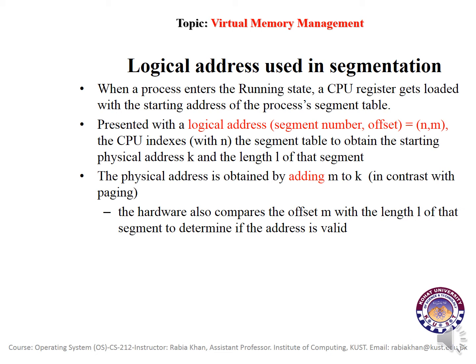The CPU then searches the segment table to obtain the starting physical address of the segment and its respective size. The respective physical address is generated by adding the offset with the starting physical address of the segment.